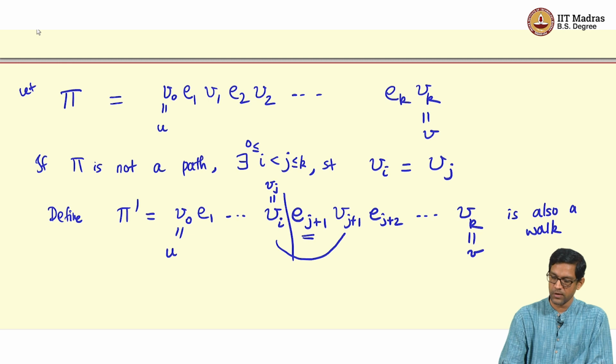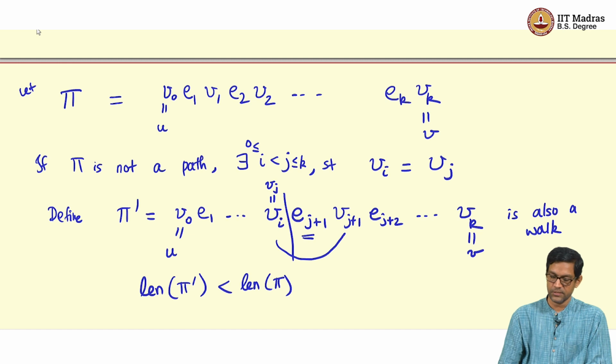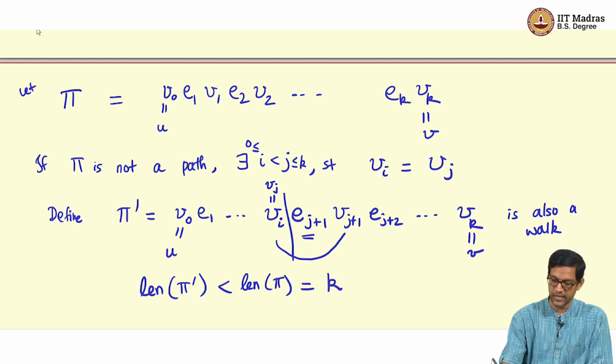So, here is another walk which connects them, but now the key point is that the length of pi prime is definitely strictly smaller than the length of pi, because the length is supposed to be the number of edges that I used. So, if you look at the original number of edges, there were k of them, E1, E2, up to Ek. For pi prime, what have I lost?